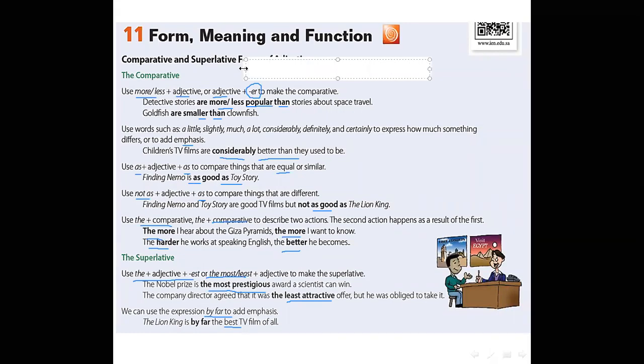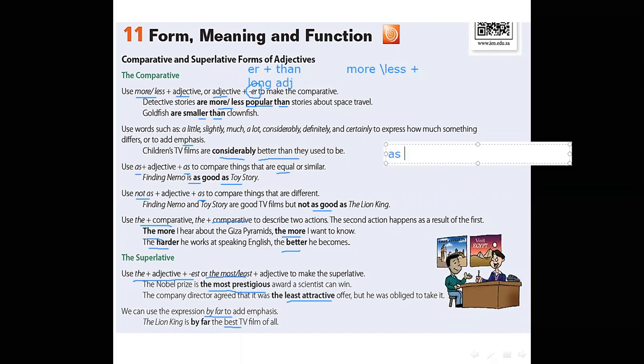Please write these notes. For comparative, we will add er plus than for short adjective, or more or less plus what? Excellent. Plus long adjective. And what about similarity? We use as plus adjective without any addition plus as.